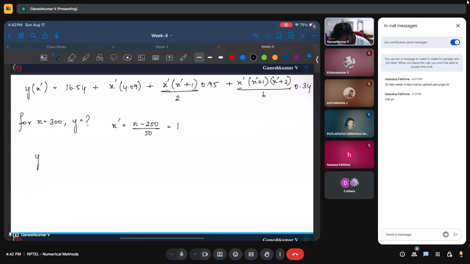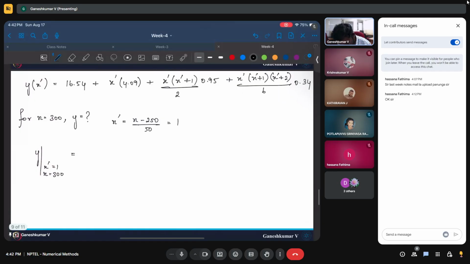And so y at x equal to 300 and x bar equal to 1, both are one and the same.